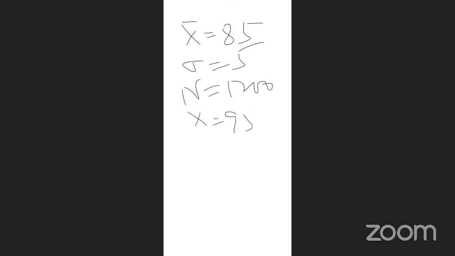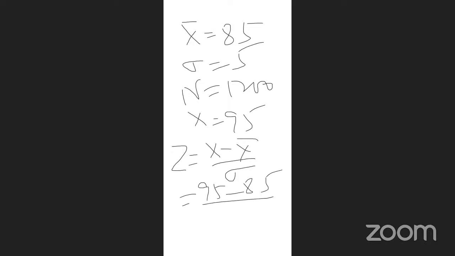So when this is given, we want to calculate z is equal to x minus x bar divided by standard deviation. Your x is equal to 95, x bar is equal to 85, standard deviation is equal to 5. So that means it is 10 by 5, which is equal to 2. That means your z is equal to 2.